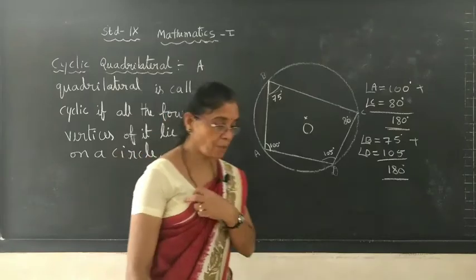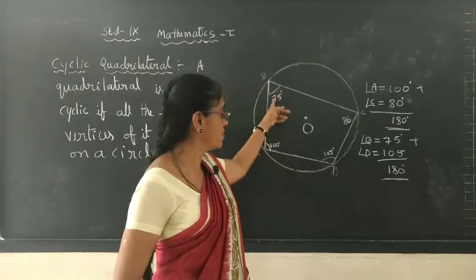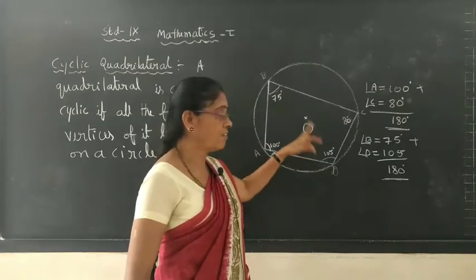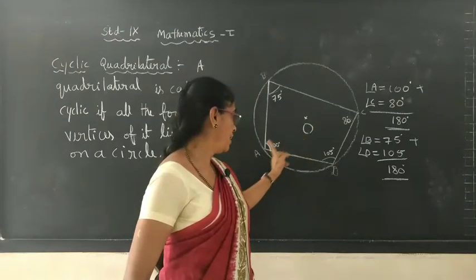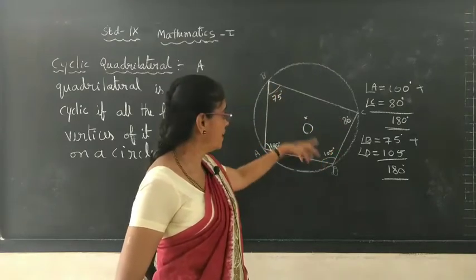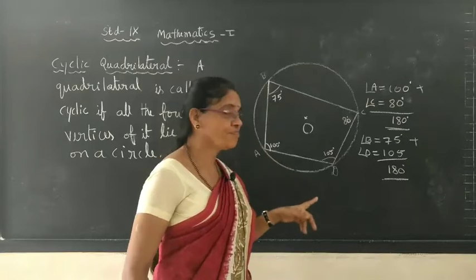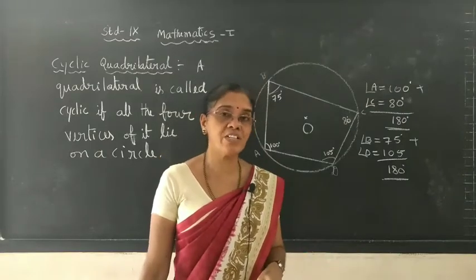Then the property of a cyclic quadrilateral we just found out: the sum of the opposite angles is always 180. Both pairs, A plus C, one pair of opposite angles, and B and D, another pair. So either pair of opposite angles has a sum of 180 degree.